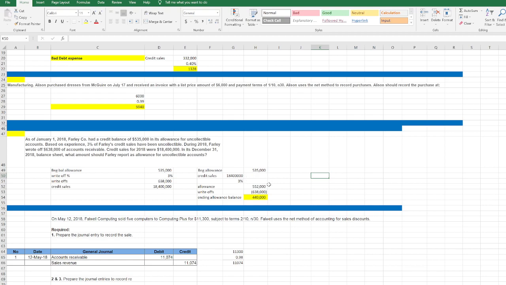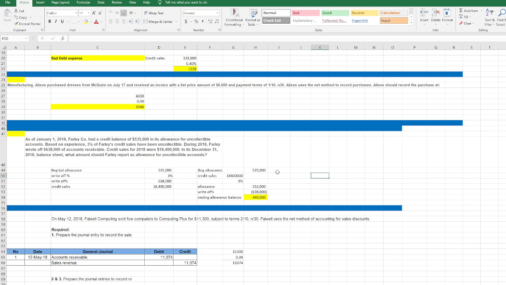So based on our credit sales, we should have an allowance of $552,000, right? So if we did nothing else, we would just take that difference between the 552 and the 535 and increase the allowance.